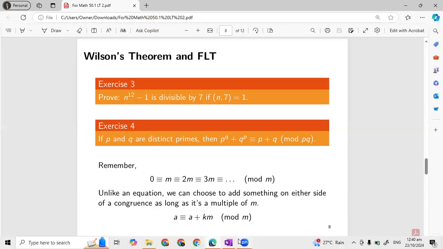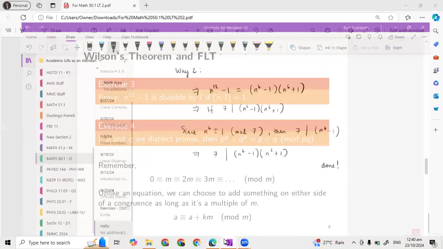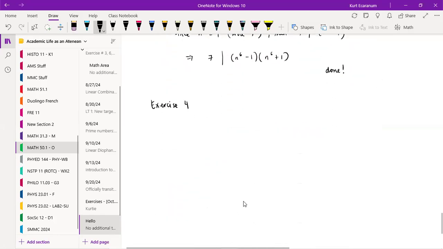So, kumbaga, by FLP, 'di ba? Napansin mo na yung occurrences ng primes.